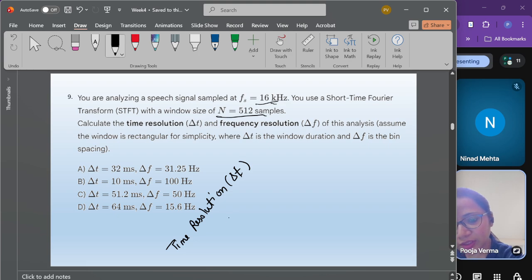So it is represented by N by fs. This is the formula.